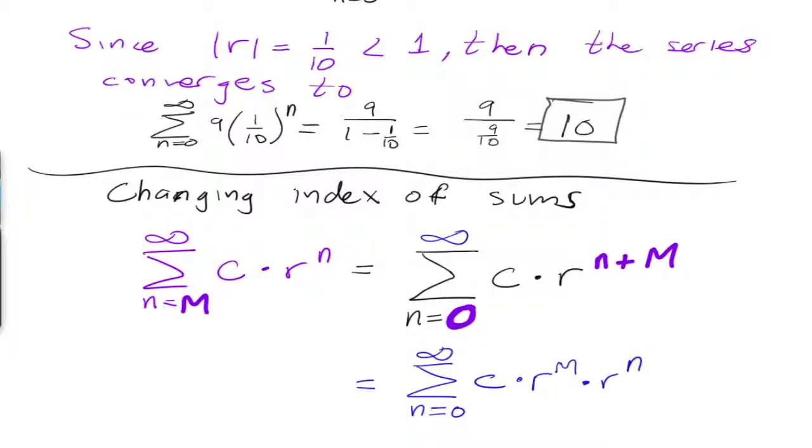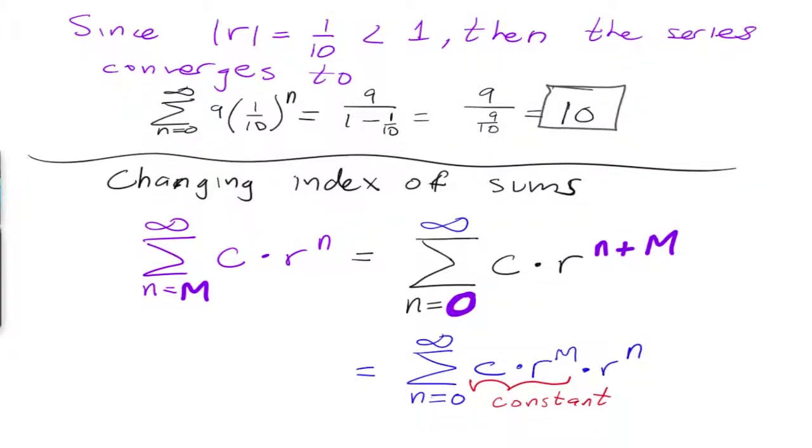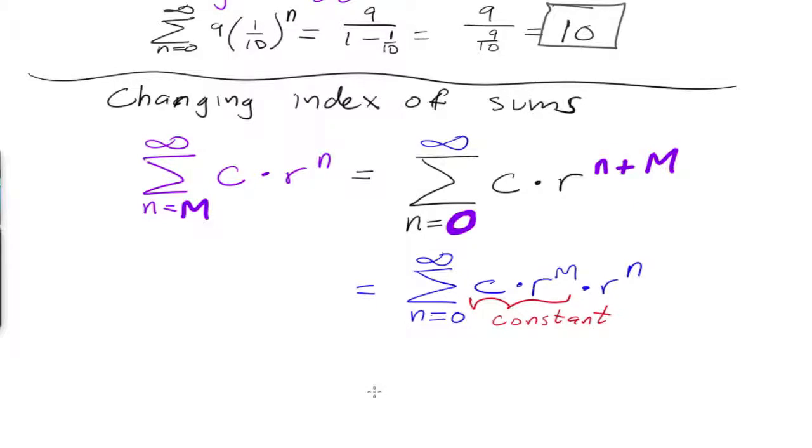You guys agree? Okay, now m is a constant, right? So then this CR to the m, this is a constant. And isn't this now in the form of the geometric series? So then what is this? If r is less than 1, then what does this converge to?